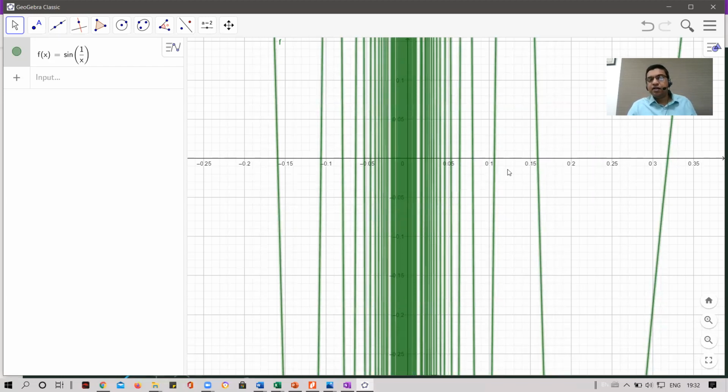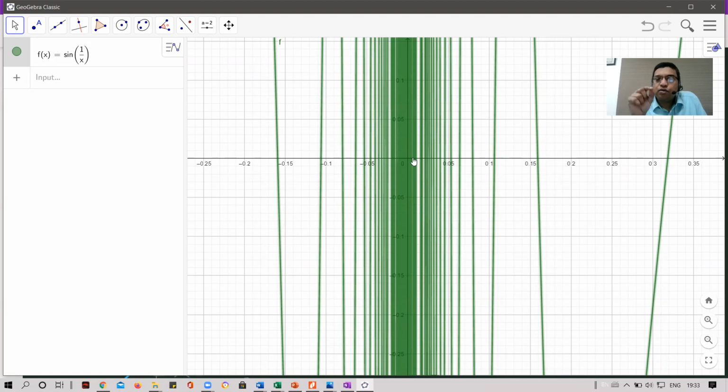As I make my neighborhood smaller and smaller around 0, what happens to my function value? Is it focusing on the neighborhood of some number? No, it is oscillating between -1 and 1. It is not converging to one fixed number.